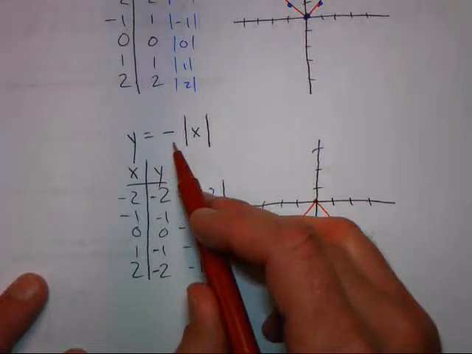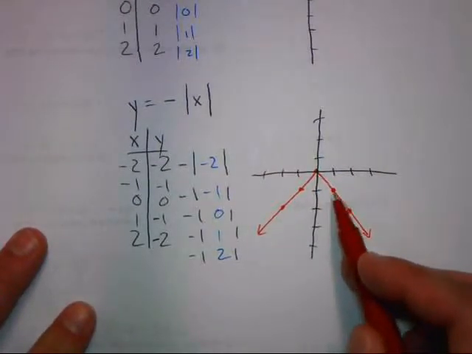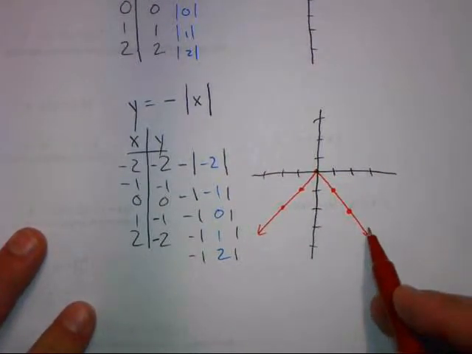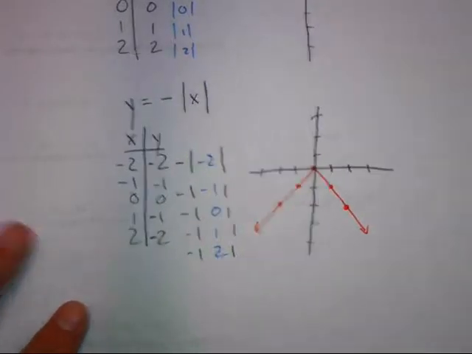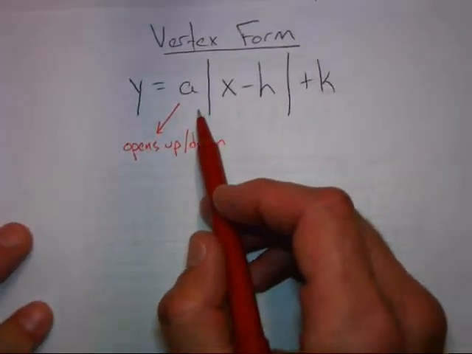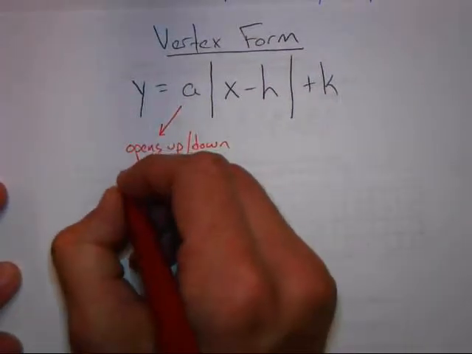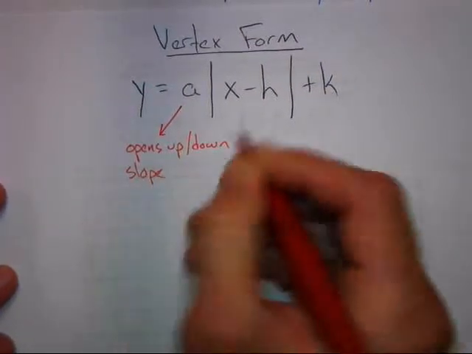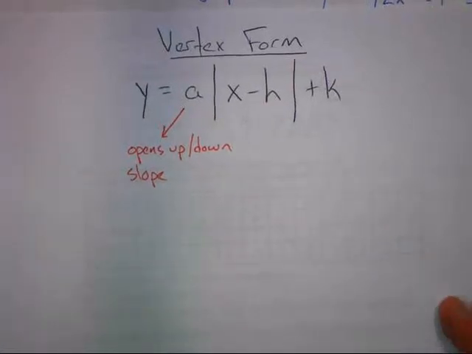And if you look at the other example, this has a slope of negative 1, down 1, right 1, down 1, right 1, down 1, right 1. So there's also a slope factor that comes in with a as well. So a not only tells us if the graph opens up or down, it also tells us the slope of one of the sides of the V.